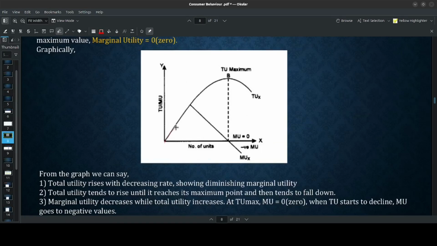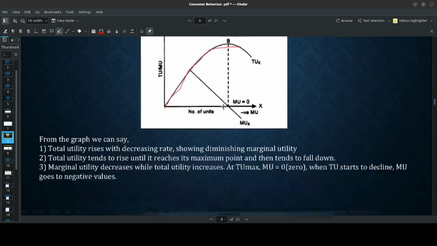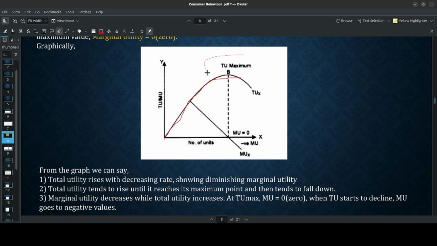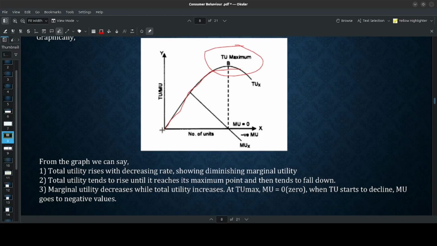The slope is high at first, then it decreases. Second observation: total utility tends to rise until it reaches its maximum point.